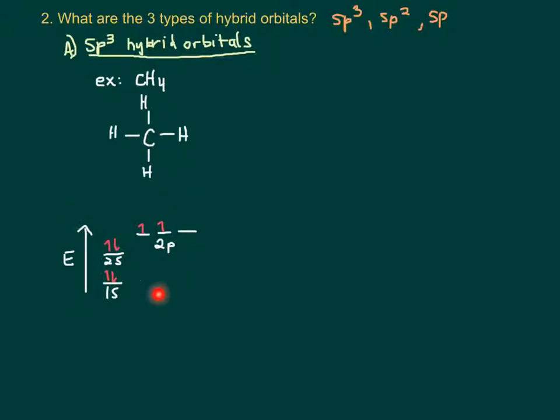So here's carbon's orbital diagram from its electron configuration. So this is its atomic orbital diagram. And so for hybridization to occur, we know that carbon is going to take one of its 2s electrons and it's going to promote it up to the 2p energy level, or 2p orbital.